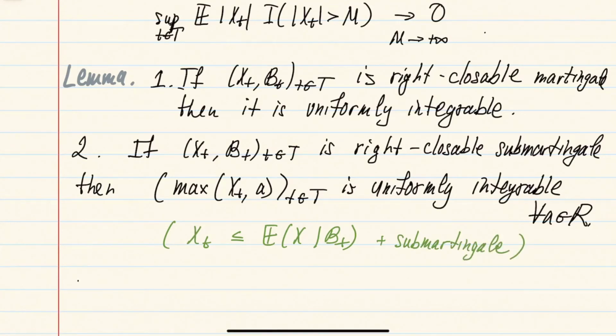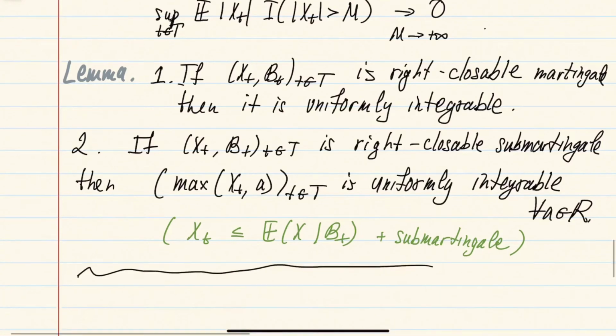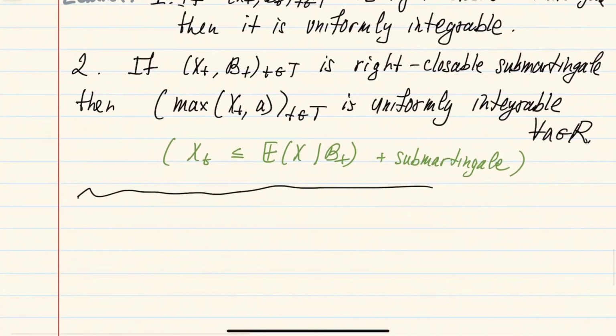All right, so let's take a look at the proof, and of course the proof is going to be pretty straightforward because you have this one random variable that defines everything, so everything will be controlled by one random variable. We have already seen that for a right closable martingale the definition is just this conditional expectation.